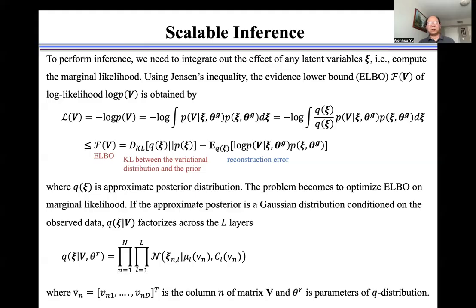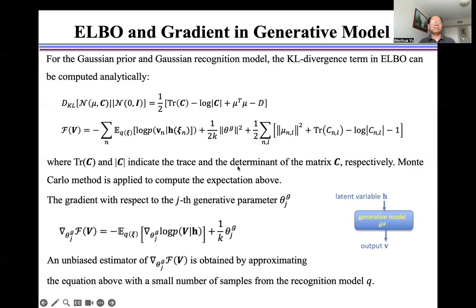If the approximate posterior is a Gaussian distribution conditioned on the observed data, q factorizes across the L layers as shown here, where v_n is column n of matrix V, and θ_R are the parameters of the q distribution.